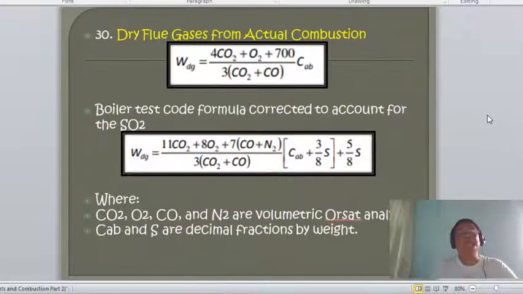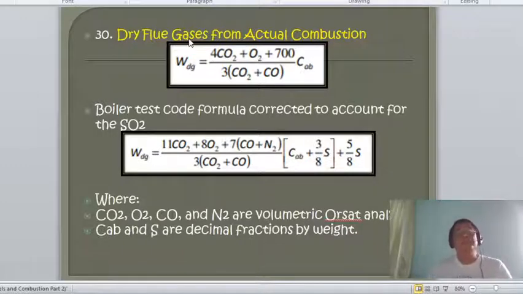For the dry flue gas from actual combustion, the weight of the dry gas is 4 multiplied by CO2 in the products of combustion plus oxygen plus 700 over 3 multiplied by CO2 plus CO, multiplied by the carbon actually burned.